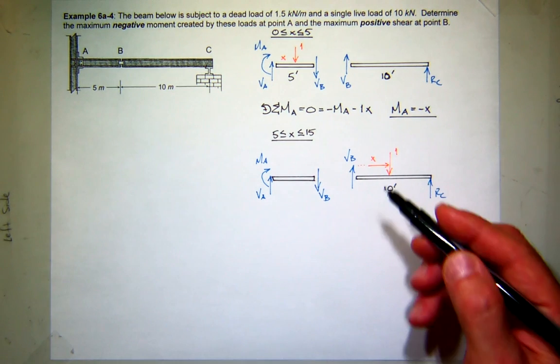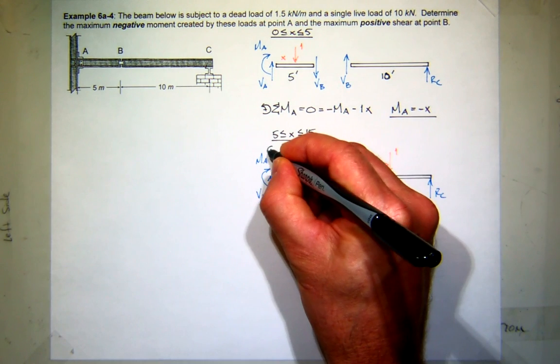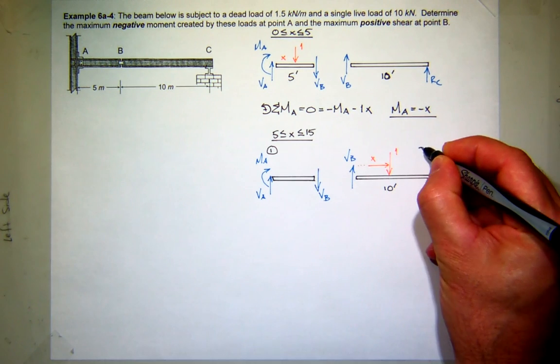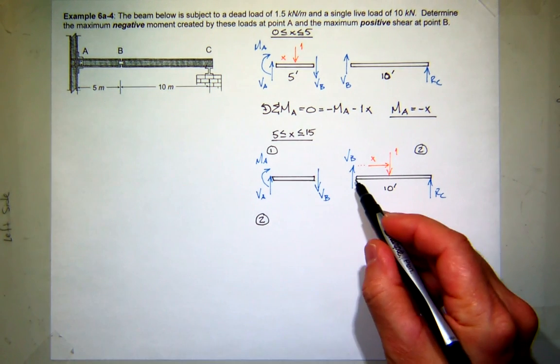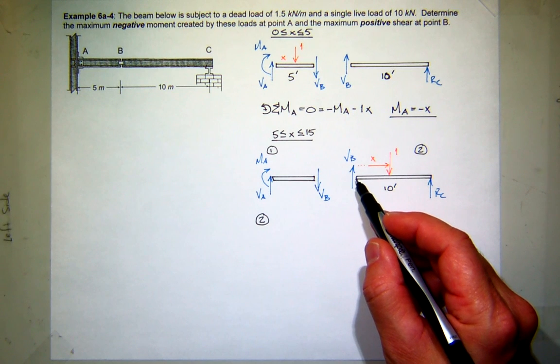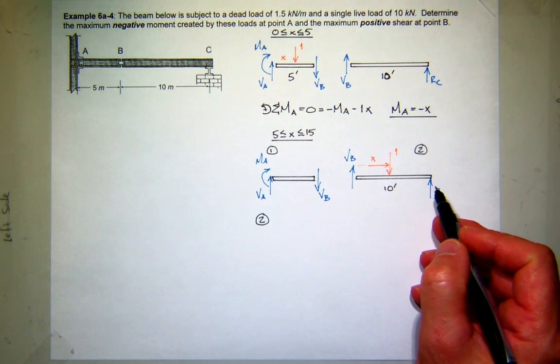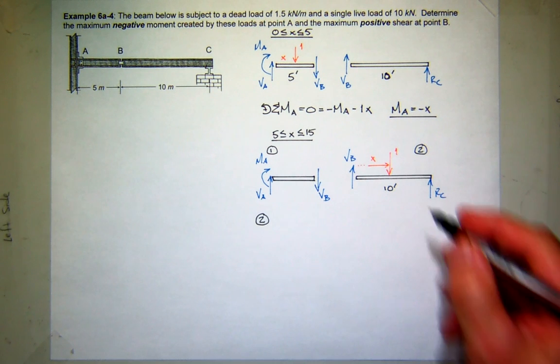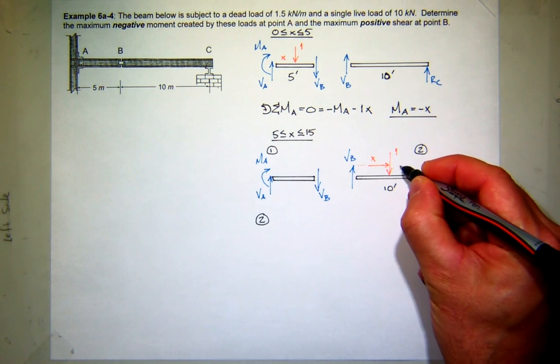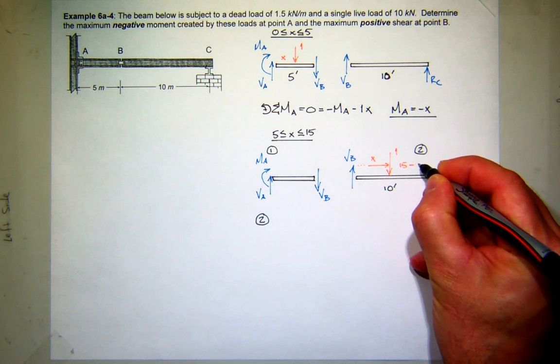So starting with this free body diagram, maybe I'll label this 1 and 2. So starting with free body diagram 2, I want to find my shear at B. I can find that by summing moments at C, and when I do that, I need this distance, which is going to be 15 minus x.